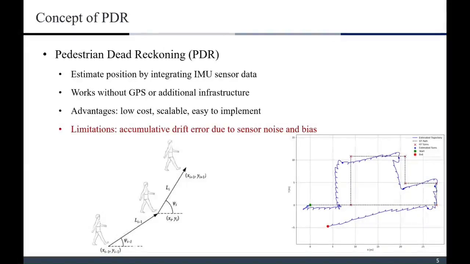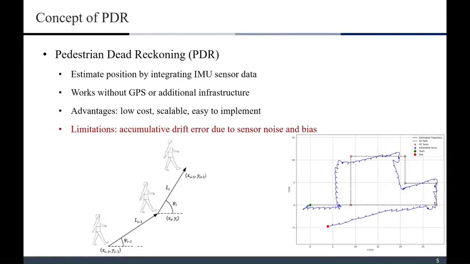On the right, you can see the ground truth trajectory in dashed black and the PDR trajectory in blue. At first glance, the overall shape looks similar, but if you look closely, 2 major problems appear. First, notice that the blue path shakes irregularly at almost every step.